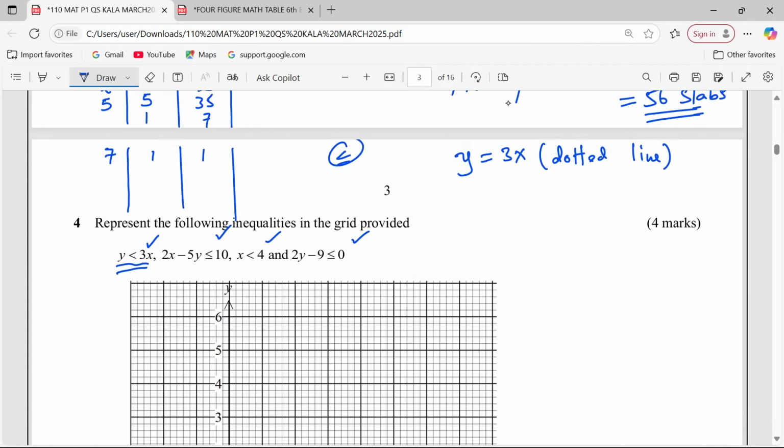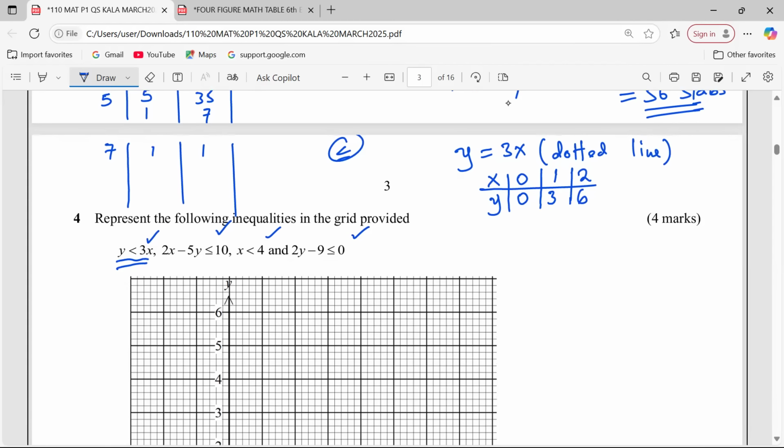So now to plot this, we need some values of x and corresponding values of y according to the borderline equation. So if x is 0, it means y shall also be 0 because y will be 3 times 0, which is just 0. If x is 1, then y shall be 3 because the value of y is 3 times 1. If x is 2, then the value of y shall be 3 times 2, 6. These are enough coordinates.